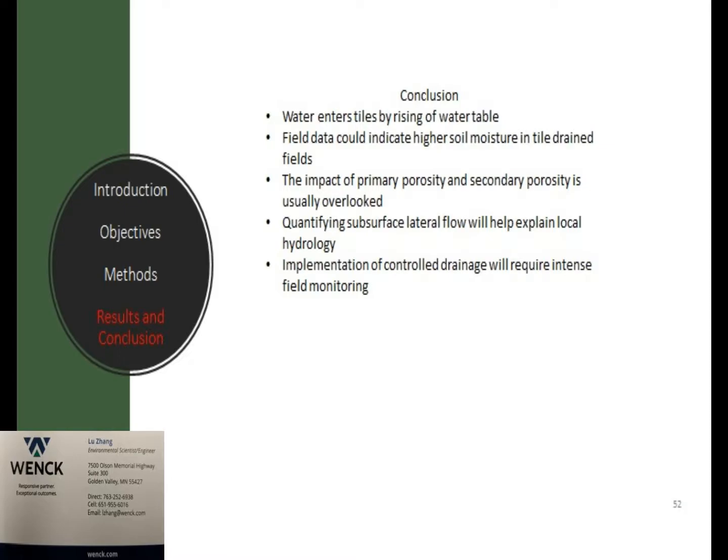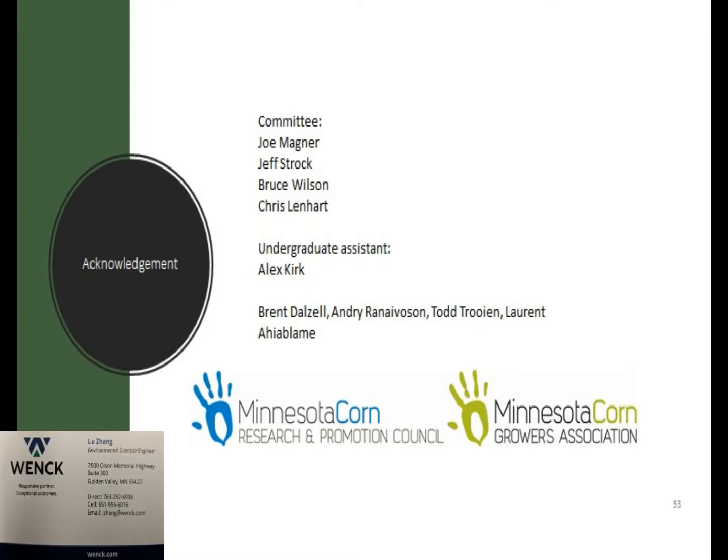Quantifying subsurface lateral flow will help explain this and adds another important piece to the local hydrology. We should also really look at the impact of primary porosity and secondary porosity on water transport and contaminant transport. And that concludes my presentation.